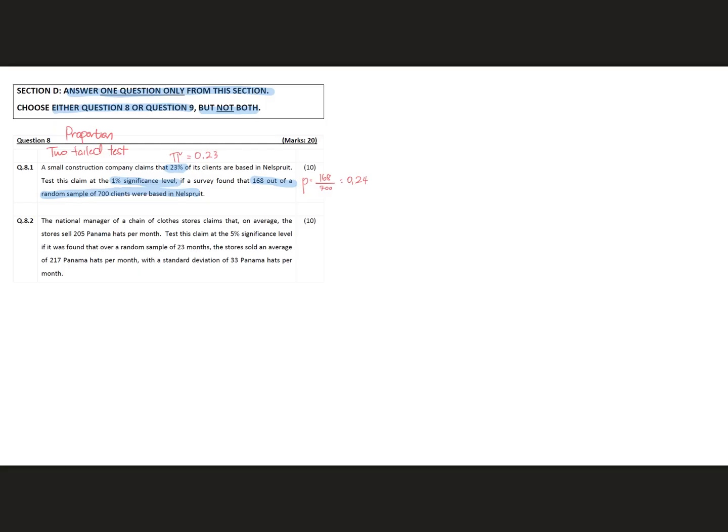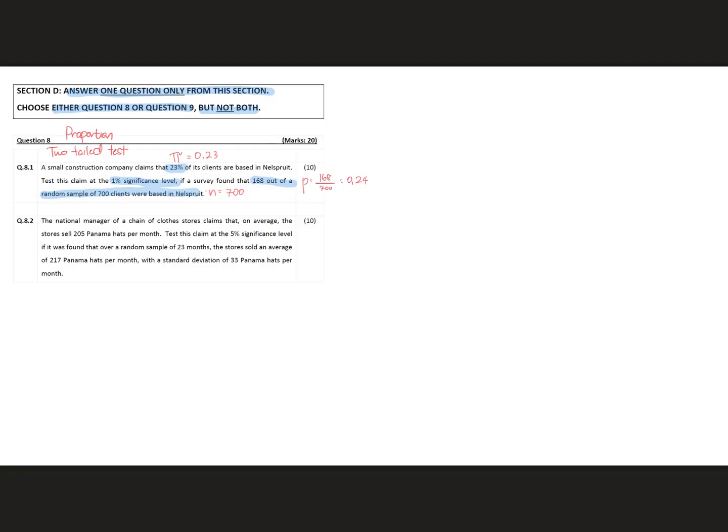So we have pretty much everything we need because we know the population proportion, the sample proportion, the significance level, which is 1%, and the sample size, which they did tell us, is 700. So we have identified everything necessary for the calculation.